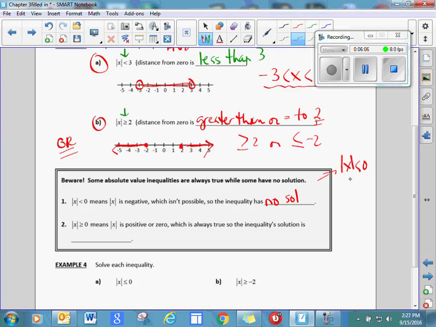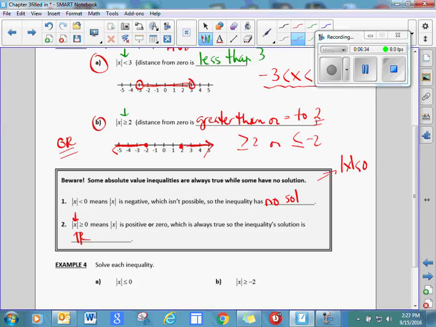And there are no possible solutions for this inequality, because anytime you take something out of an absolute value sign, it's either 0 or positive. So it's greater than or equal to 0. So absolute value of x is greater than or equal to 0. Well, that's all real numbers, because every single value that you put in for x is either going to be 0 or it's going to be larger than 0.